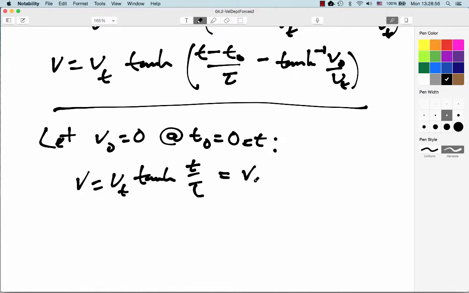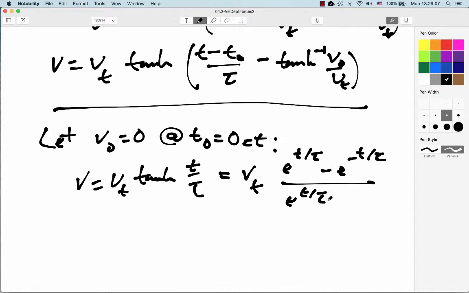We can write that also as v terminal times e to the t over tau minus e to the minus t over tau over e to the t over tau plus e to the minus t over tau.